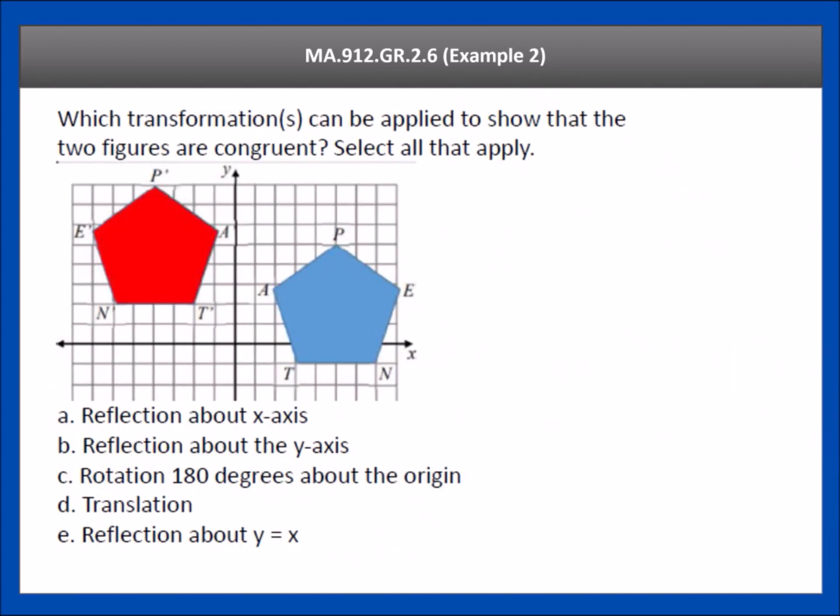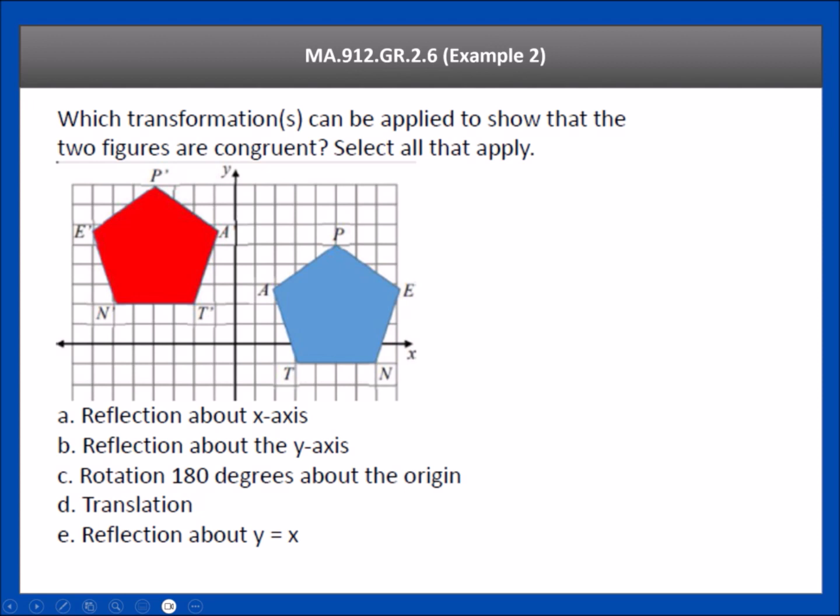All right, so which transformation or transformations can be applied to show the two figures are congruent? Again, I believe we had seen this example. But this time it looks like we're going to select all that apply. Before, we actually just wrote the transformations down.